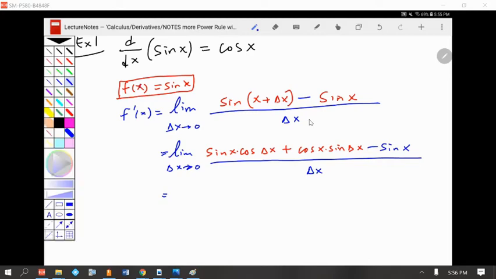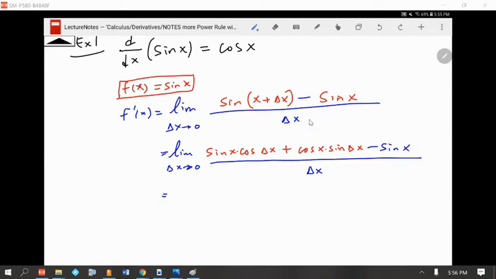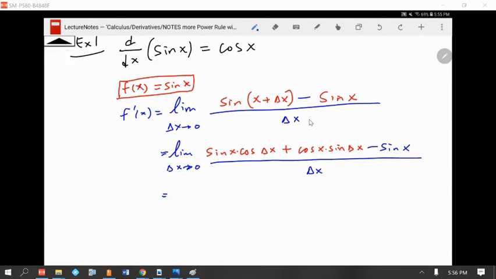Maybe I'll pick a new color real quick. See how this has a sine x cosine x, and this has a minus sine x? If I were to switch these terms around real quick, I could factor out a sine x, right? Limit as delta x approaches 0.